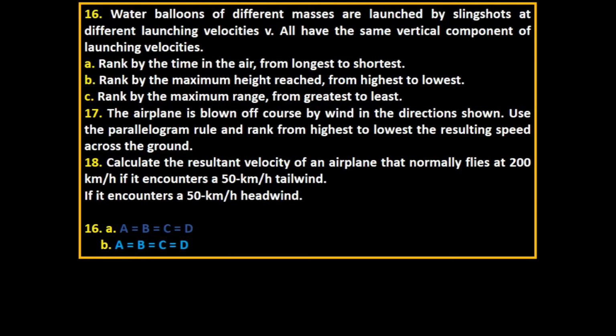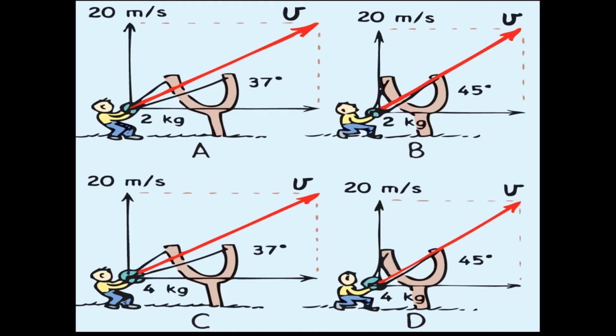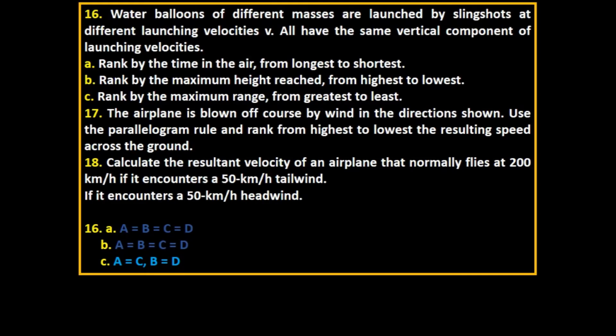Now the next one says rank by maximum range. Well, the 45-degree angle would go farther, but be careful. If you notice the Vx in A and C will be considerably larger because they're both 20.